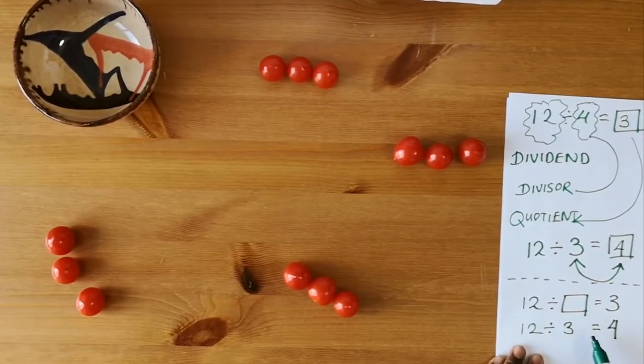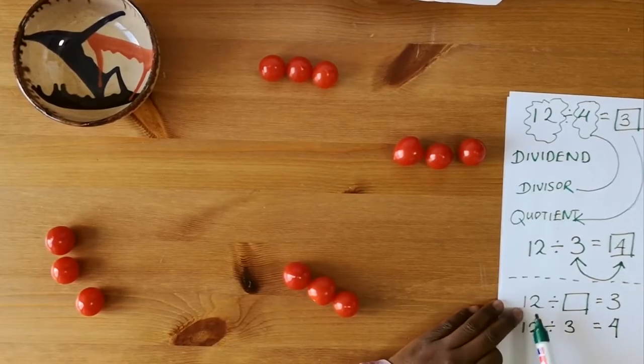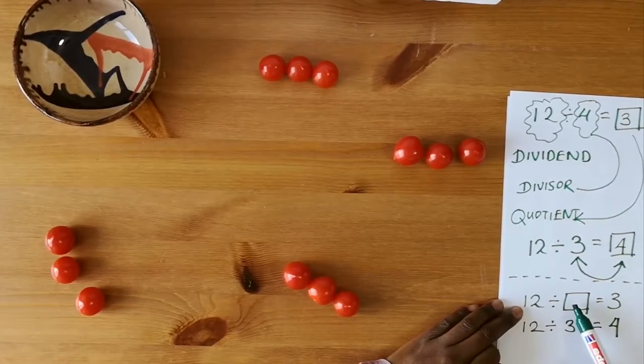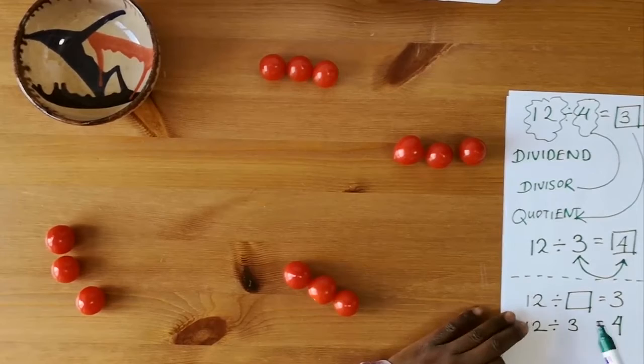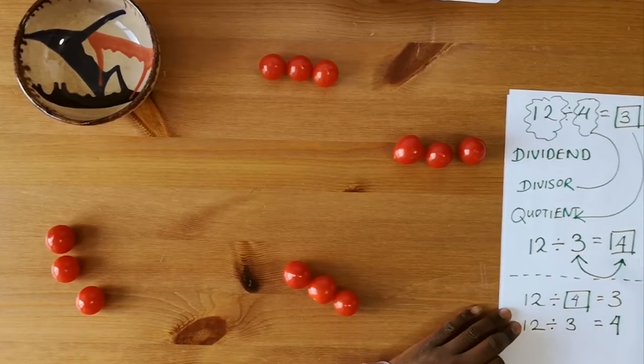So that something must be 4, because you can switch the divisor and the quotient.